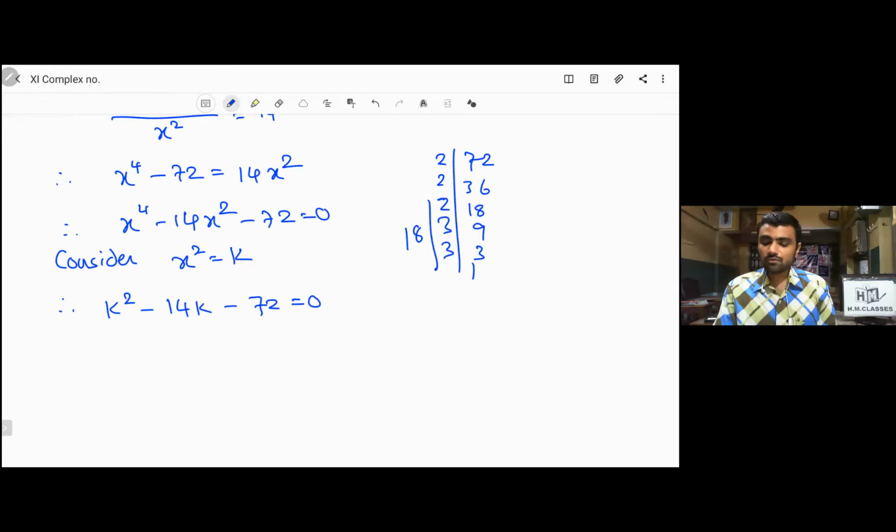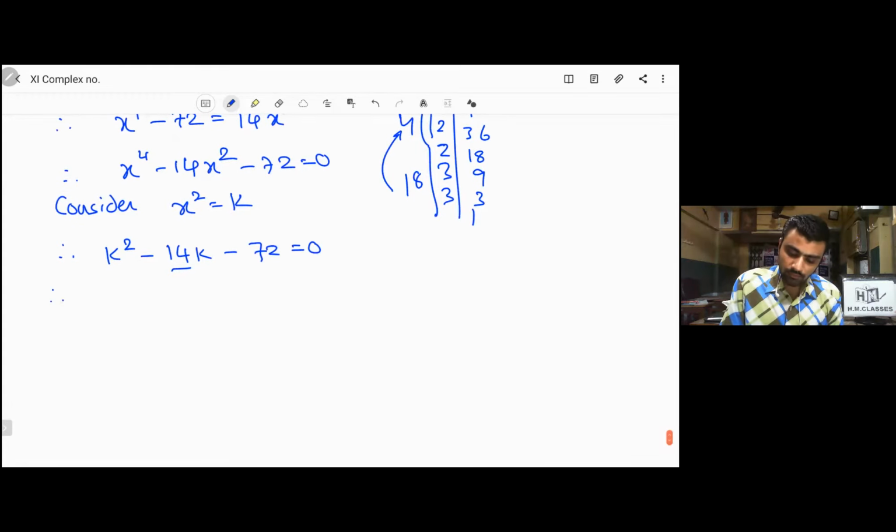Yes, 3 into 3 into 2, 3 is a 9, 9 twos are 18, and 2 into 2, 4, and 18 minus 4 is going to be 14. Got this? So now we can prepare factors. k in both the brackets, factor is 18 and 4. Since the middle term has sign minus, we require minus along with this; I can keep plus, so it becomes finally minus.